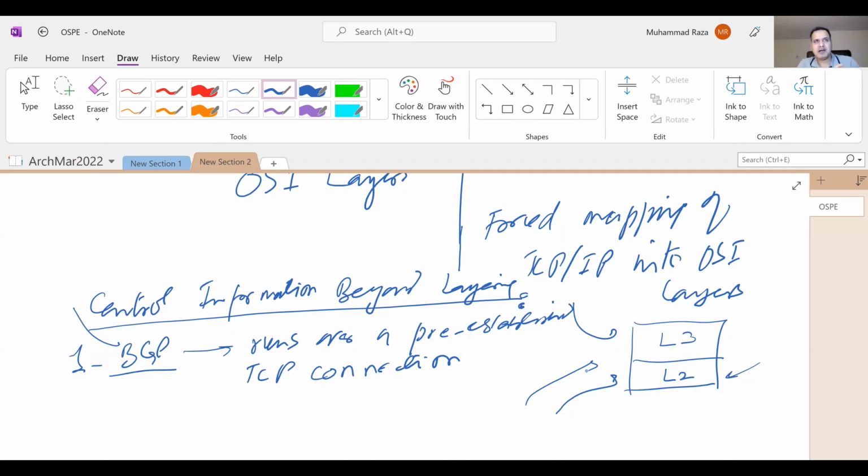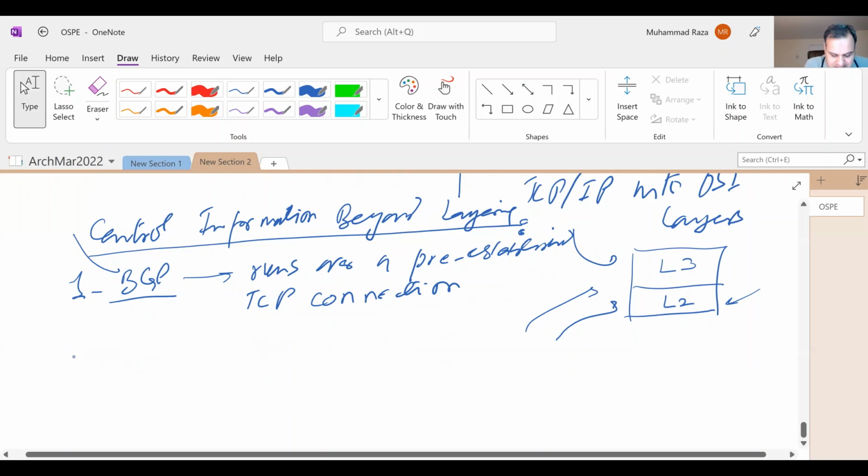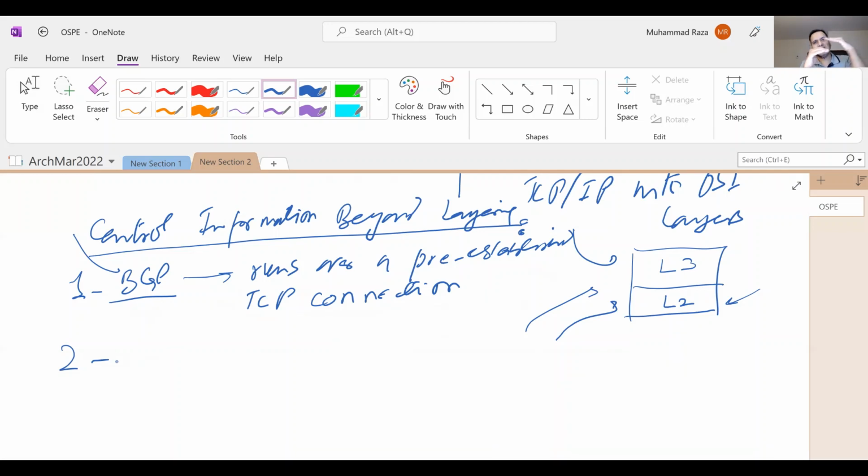Keep that in mind, let me give you another example. What I want to tell you is layering is just a loose concept. It is taught to us as very tight layers, but they are not that tight. And sometimes their dependency looks odd.